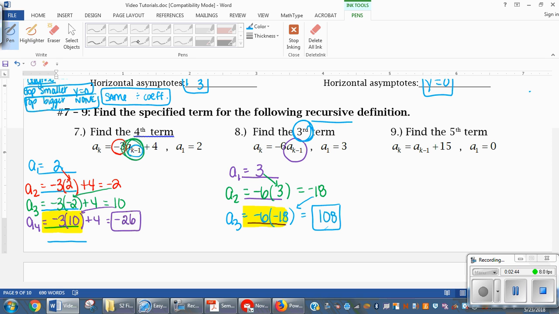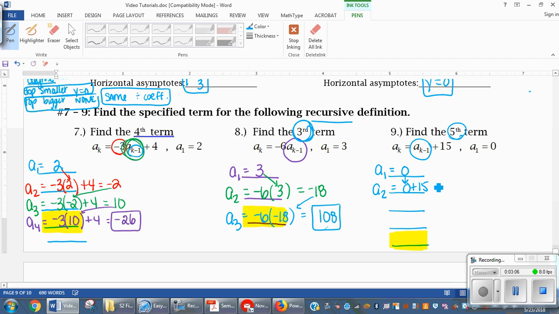Okay, the last one that they want is the fifth term. So this time I have to do 1, 2, 3, 4, 5. All 5 of them. And we want this one down here. First term, remember it's already done for us. Don't do any work for that one. Second term, previous term plus 15. So previous term is 0, plus 15 is 15.